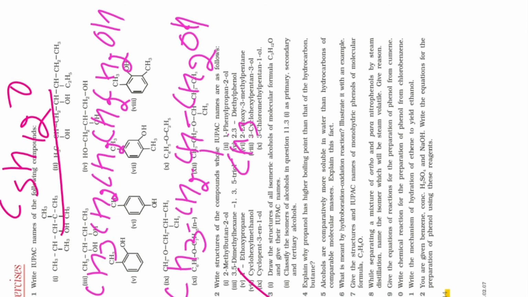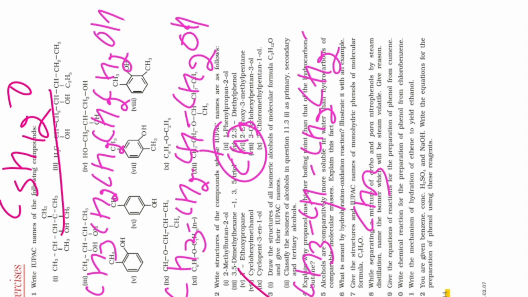Now I am writing the third one. You see, this CH3 can come at the second position also, CH3 here, also CH3, then CH2OH. Then it is called 3-methyl butan-1-ol, 1 2 3, 3-methyl butan-1-ol. 3 isomers are made.